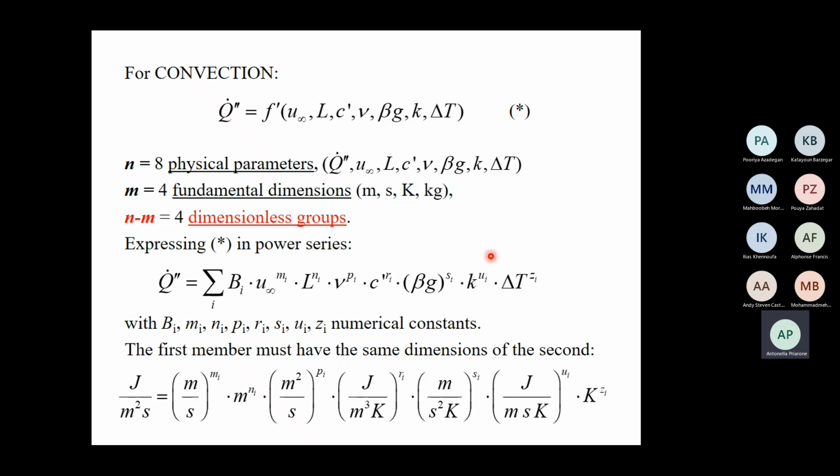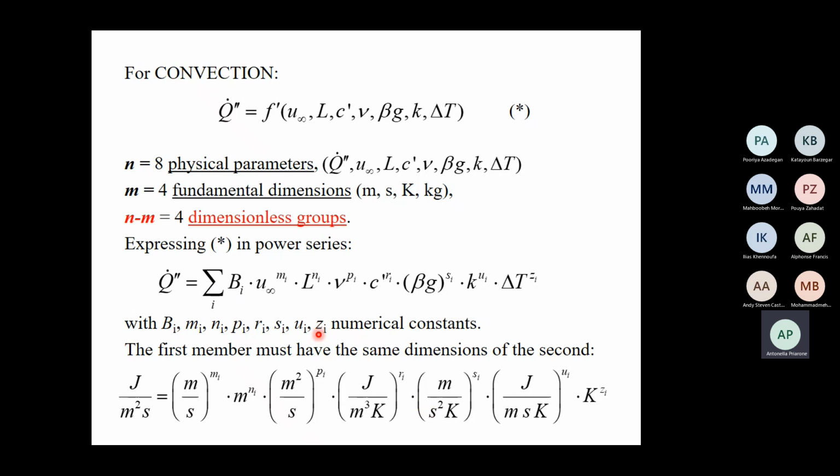I can write the power series of the heat flux using the selected physical parameters listed here, and the exponents are numerical constants: b, i, m, n, p, r are numbers.